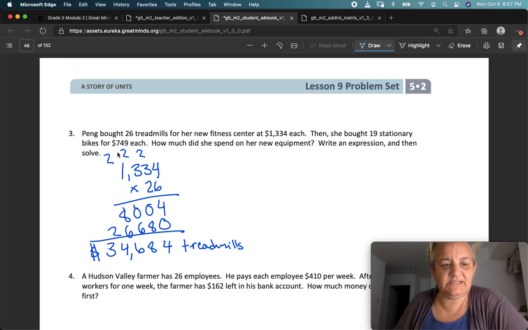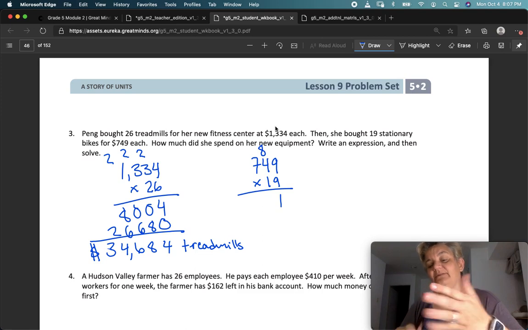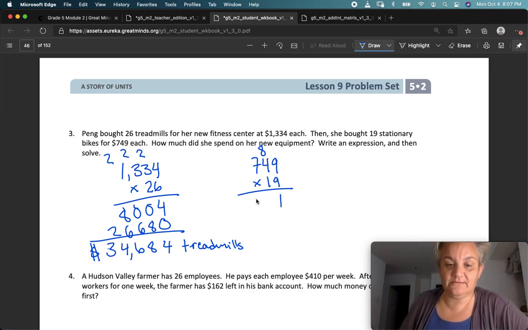How much did she spend on stationary bicycles? So $749 each. She got 19 of them. So 9 times 9 is 81, carry the 8. 9 times 4 is 36, plus 8 is 37, 38, 39, 40, 41, 42, 43, 44.